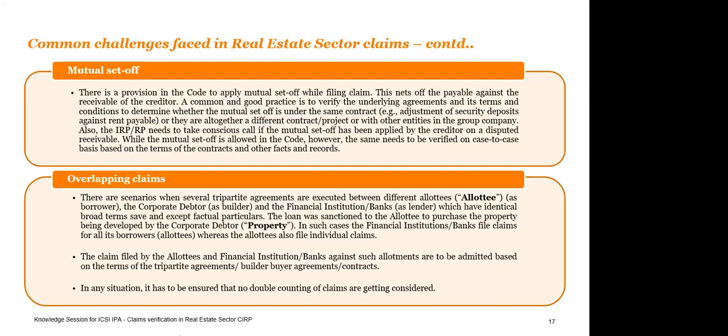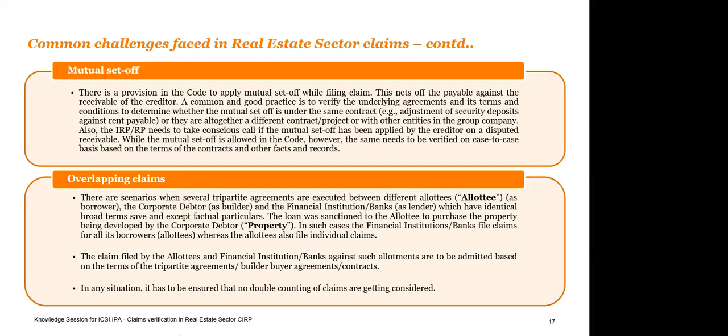For example, if I have given some advance for any lease or rent, and the rent is payable under the same contract, it can be adjusted. But if those are between two different projects, then, as we will also see in the subsequent slides, in the real estate sector we have a judgment that says a company under real estate may not always go into CIRP as a whole, but it would be a project-wise CIRP.